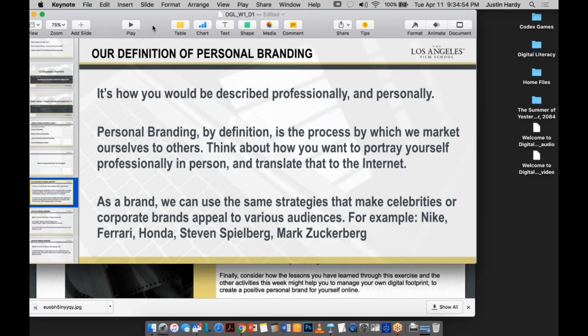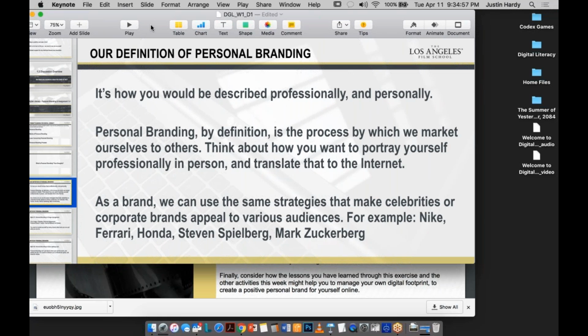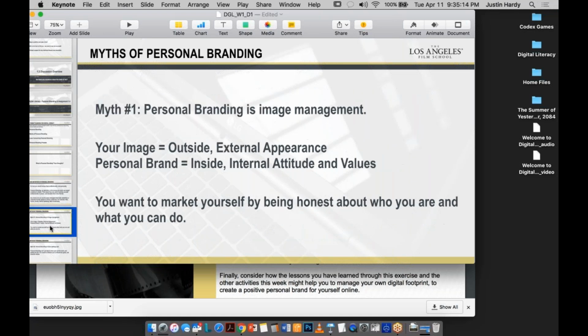So just like these are individual brands for corporations and companies, individuals can have their brand or style that you can see throughout their work. It's not necessarily just a logo or just a slogan. It can be a series of creative habits that you see throughout their work. That could be their personal brand.